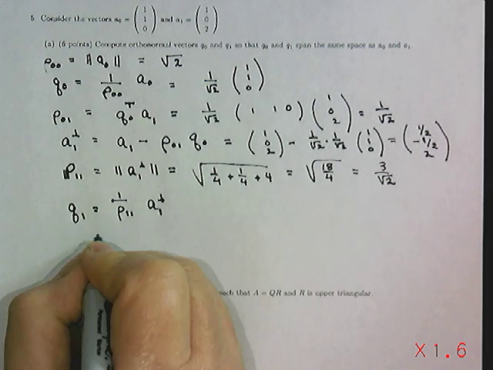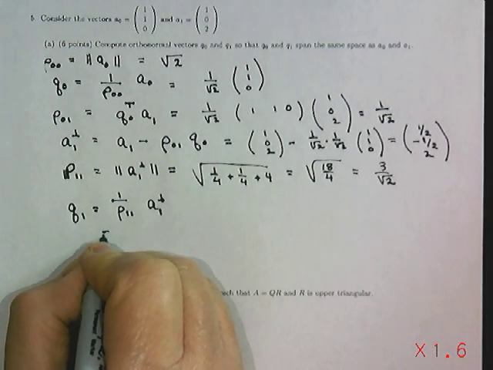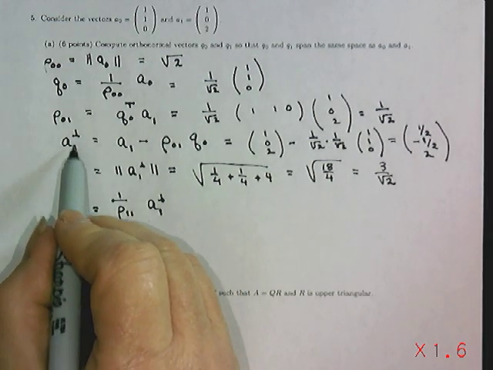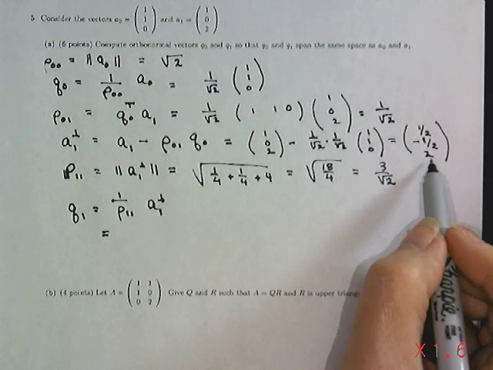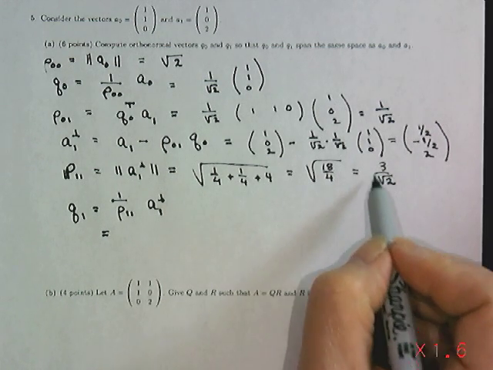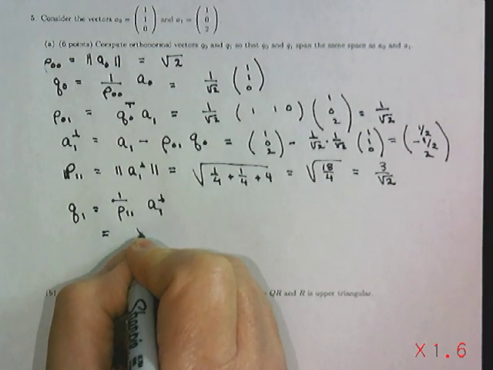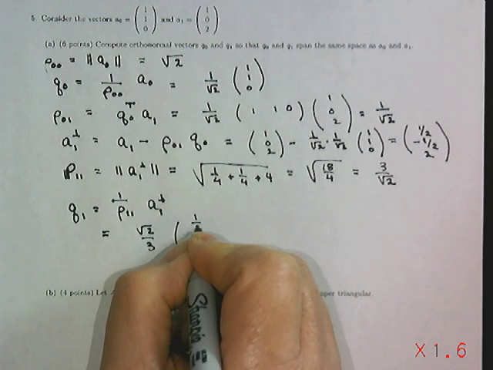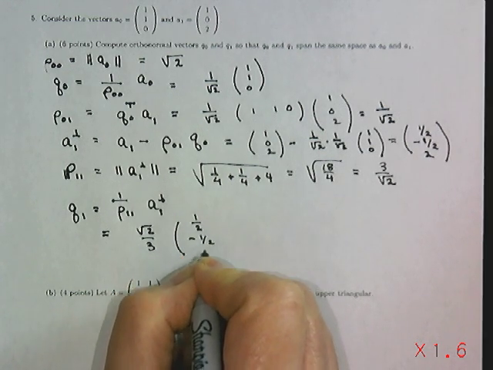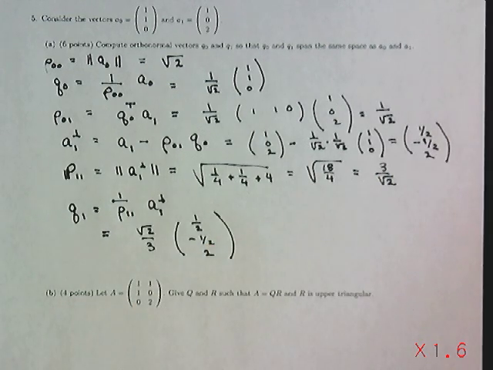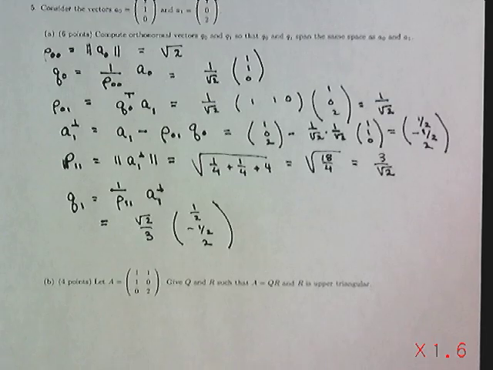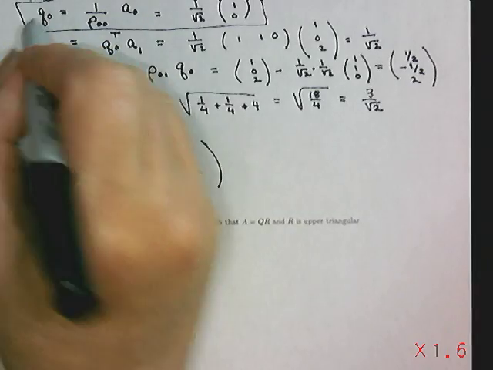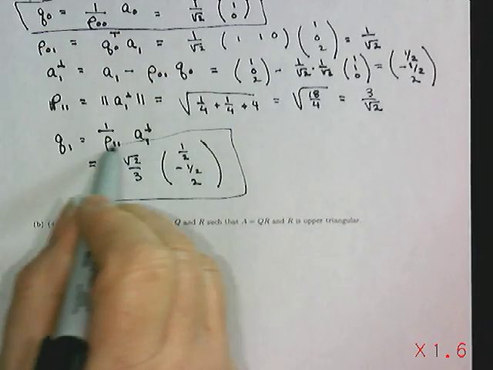And so that means that q sub 1 must be a sub 1 perp divided by this, which means that it's the square root of 2 over 3 times 1/2, negative 1/2, 2. Okay, now that means we found q sub 0 and q sub 1.